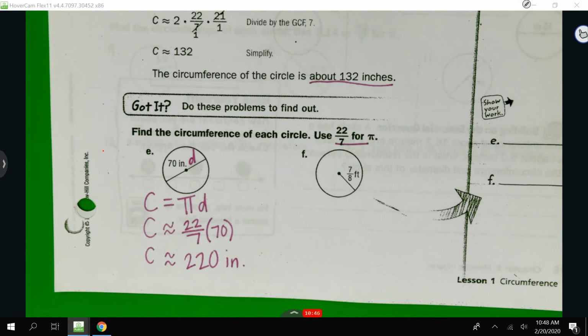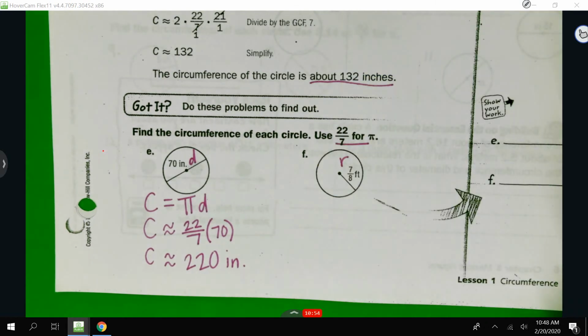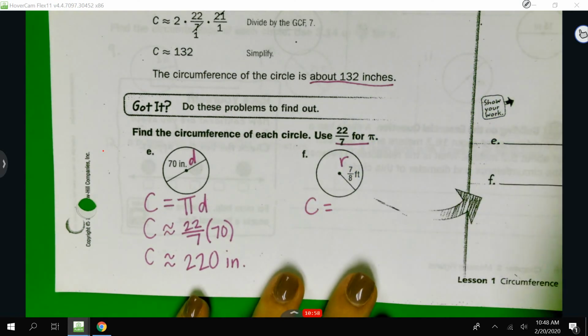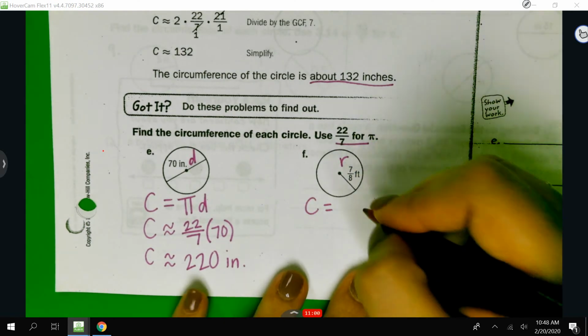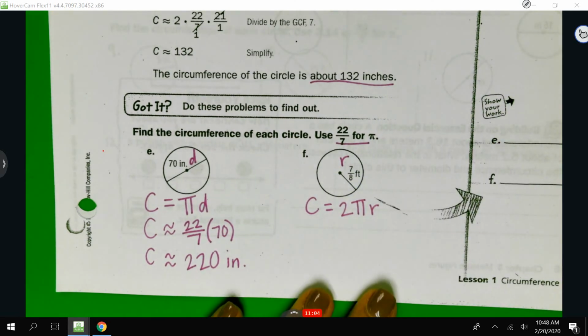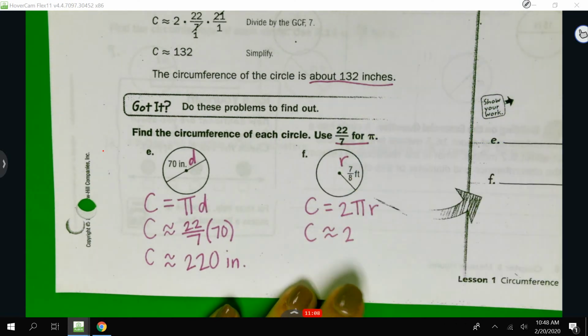Okay, what do I know about circle F? We know that the radius is 7/8 of a foot. So if I know what my r is, which formula do I want to use for circumference? Okay, 2 pi r. So my 2 I'm going to bring down.